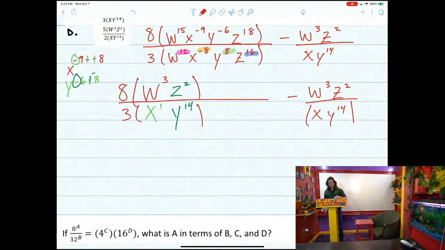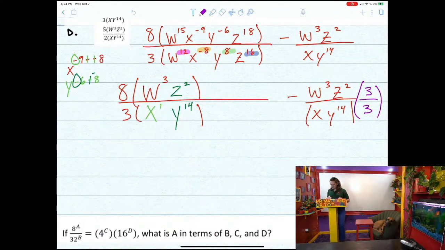Okay, so we almost have common denominators here. We're just missing a coefficient of 3 on the right-hand side. So if I multiply this whole thing by 3 over 3, notice if I do it to the denominator, I have to do it to the numerator, otherwise I'd be changing the value. Also, you can think about it as 3 divided by 3 is 1, and 1 times anything is that same something, so you're not changing the value by multiplying by some version of 1.